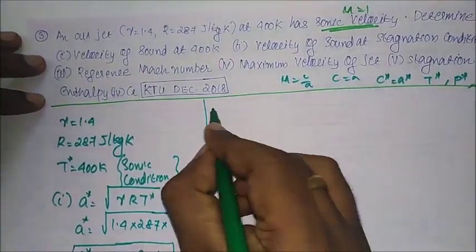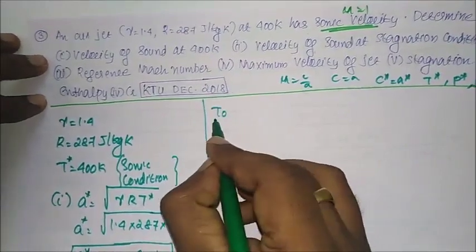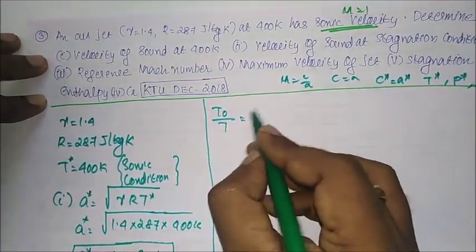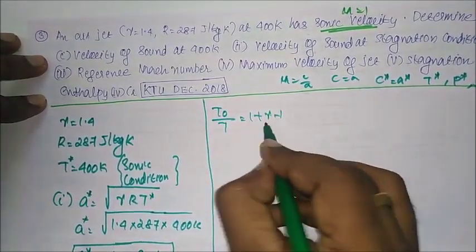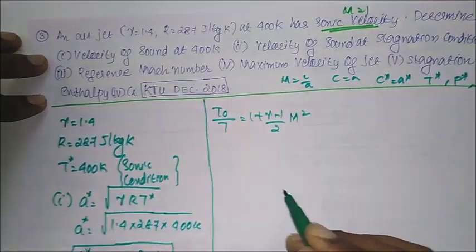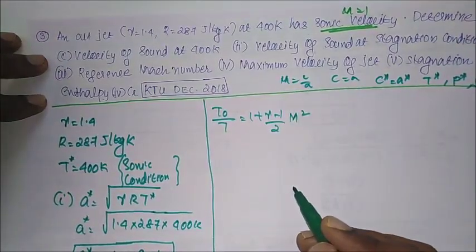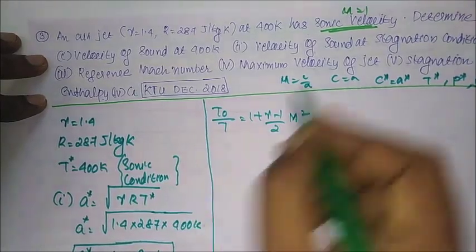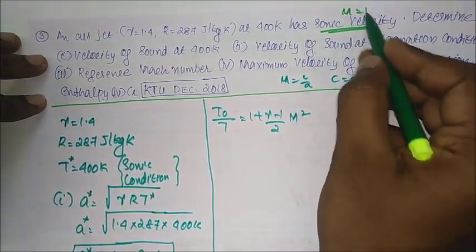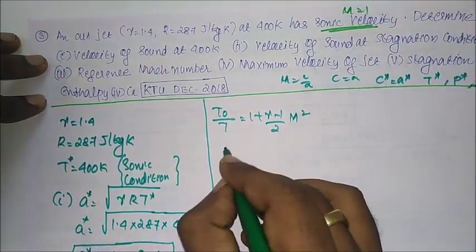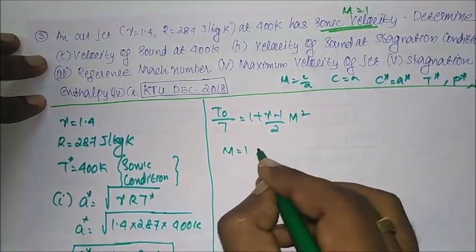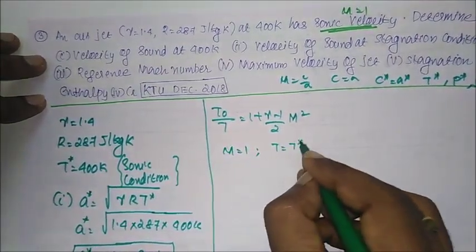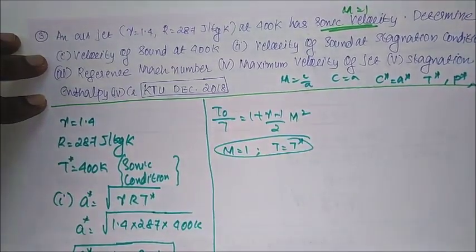We know that T0 divided by T is equal to 1 plus gamma minus 1 divided by 2 into M square. At a sonic condition, M is equal to 1.